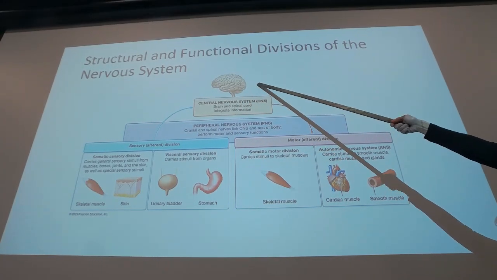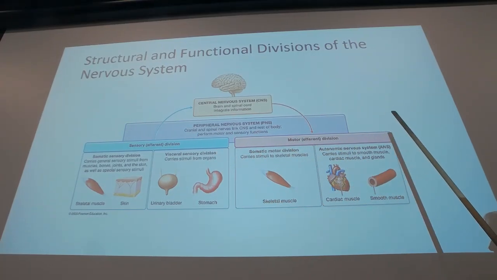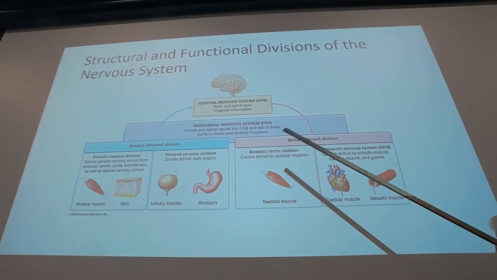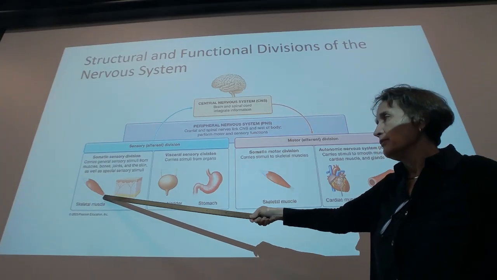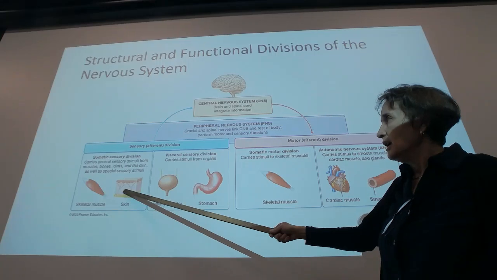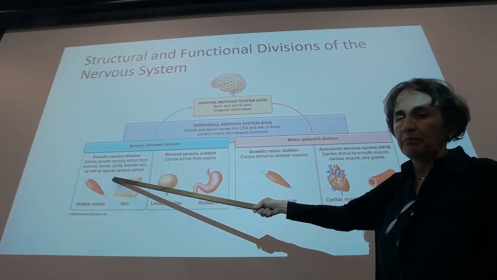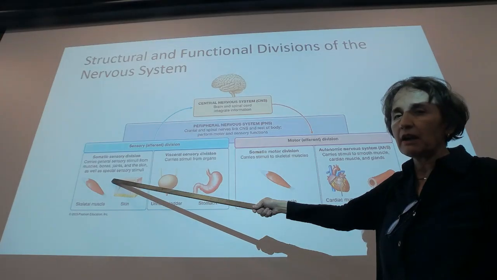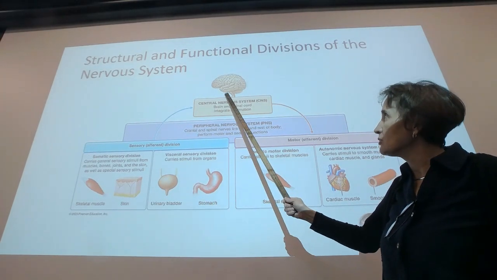That's why the CNS basically controls many of these functions. So sensory comes from joints, skeletal muscle, skin, and this is somatic. Like if you have pain in your knee, you may have fallen down or made a bad movement, that sensory information goes into the CNS.